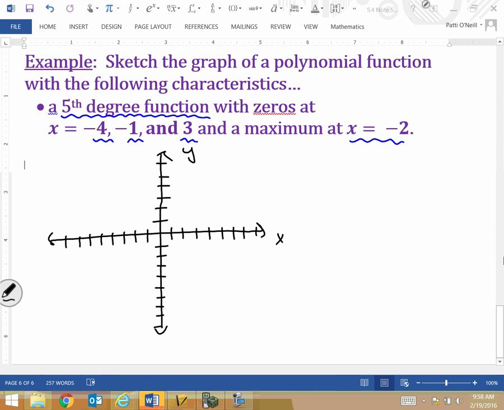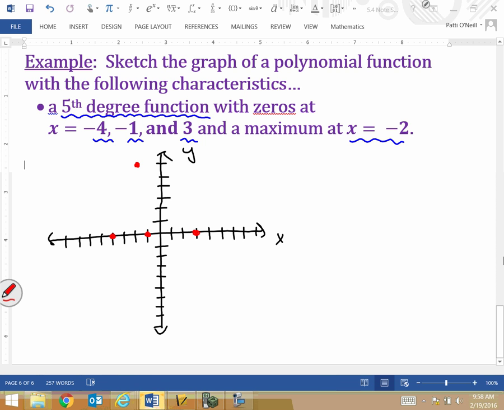We know we have a max at -2 and zeros at these points. So I'm going to put at -4, place where the graph hits the x-axis, -1 and then positive 3. And then I am going to put a maximum at x equals negative 2. So I'm going to go up, and this is going to be my maximum.